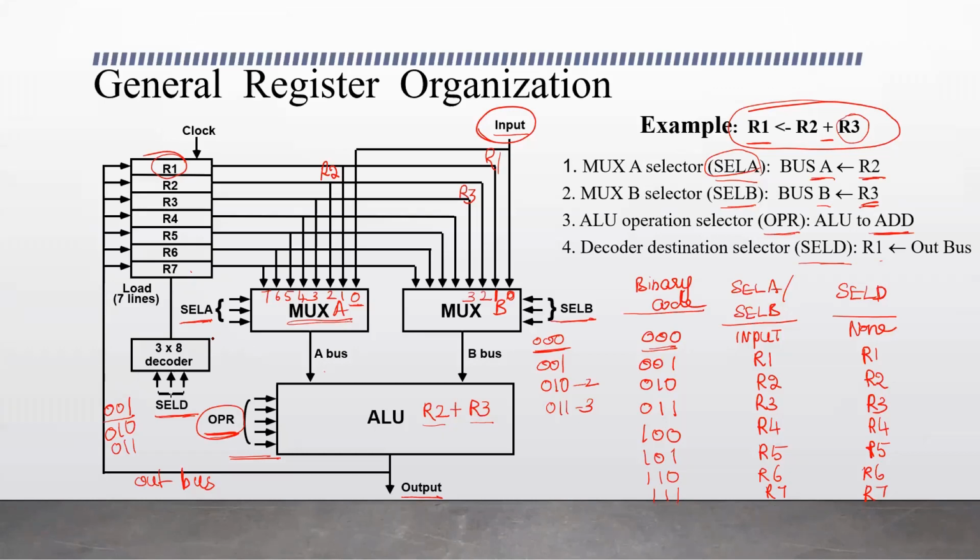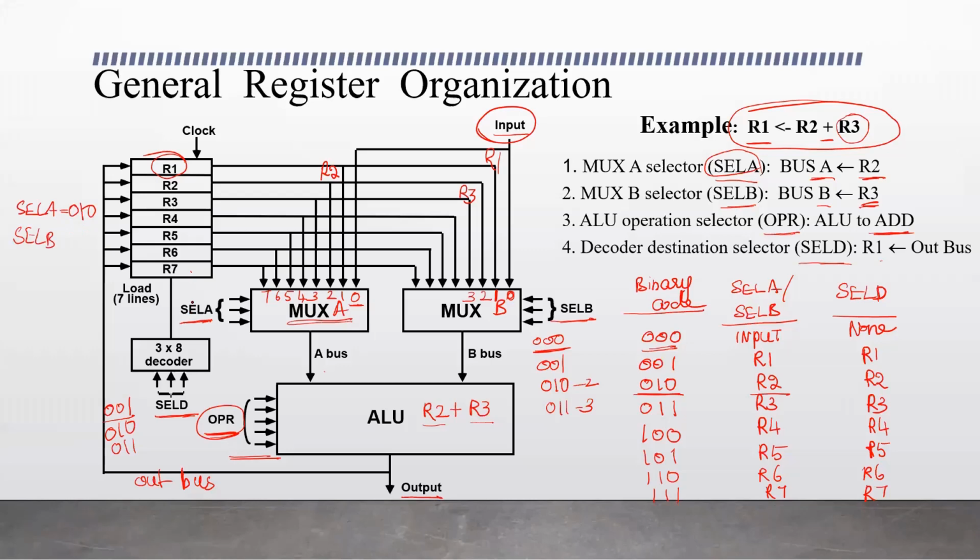The register to be selected is R2, by SELA. For selecting R2, it needs to be 010. The selection input A will be 010.